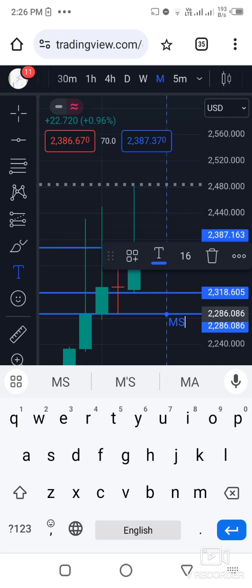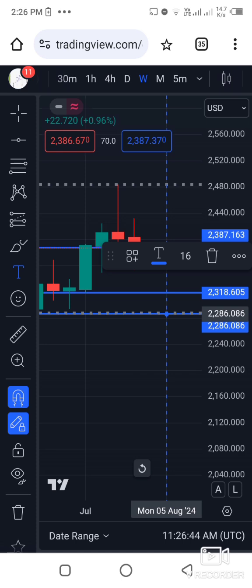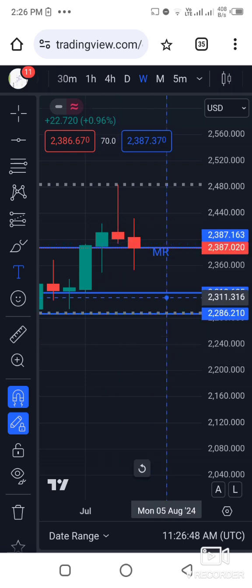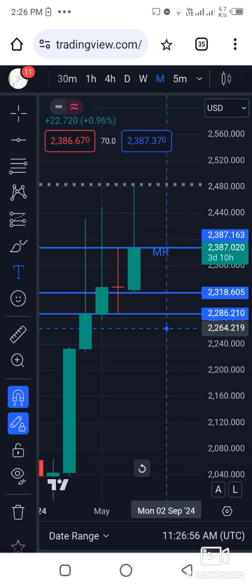Moving to weekly, let's mark our monthly support first, or monthly demand in that case.